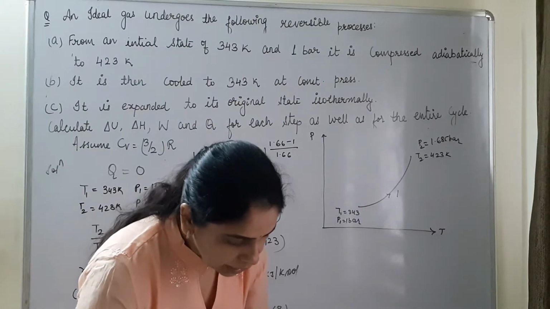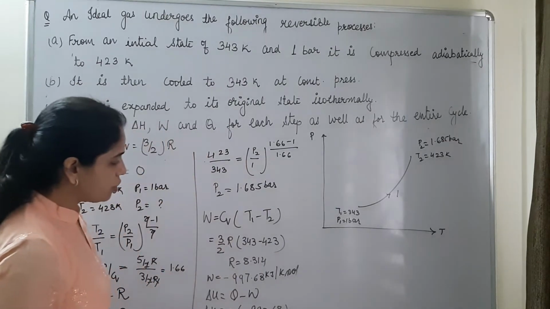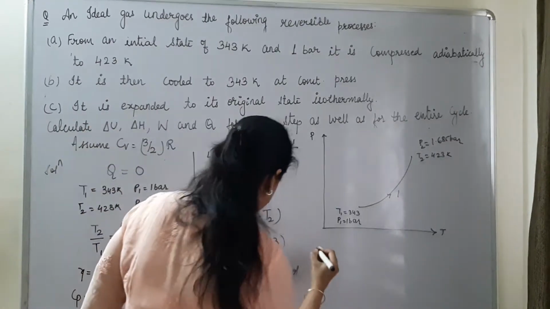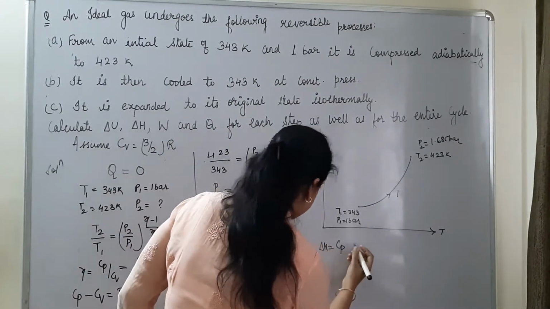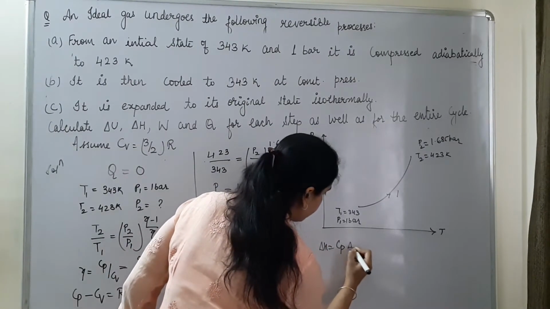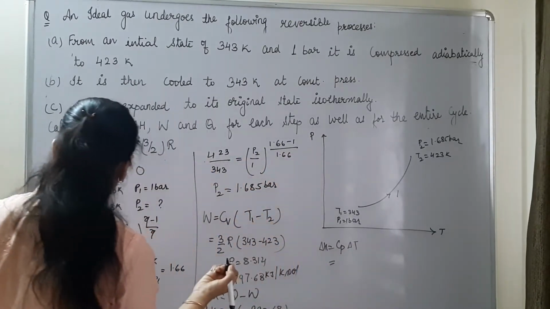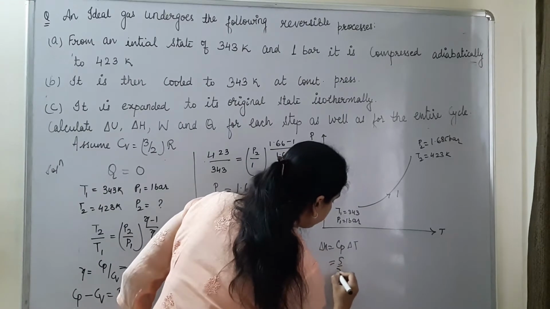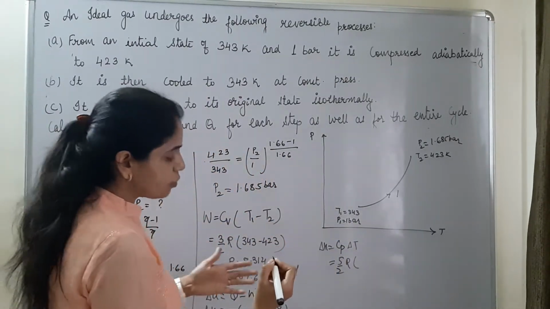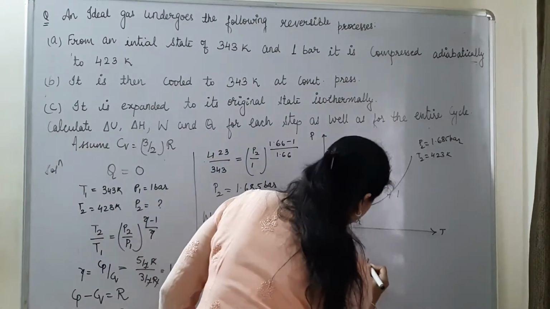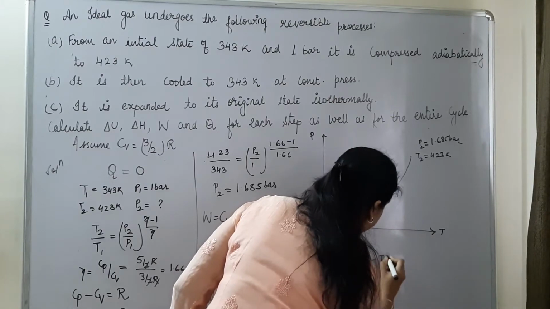Now we need to find out delta H. For this, delta H is equal to Cp dT. The value of Cp is 5 by 2 R, and the temperature change is T2 minus T1, which is 423 minus 343.